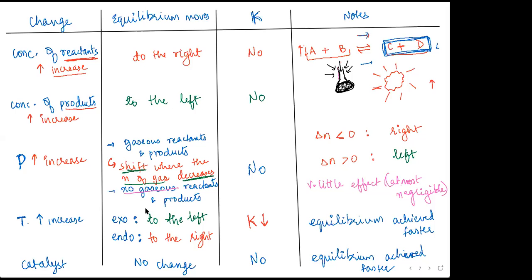Then again, if it's an exothermic or endothermic reaction, you can manipulate the temperature so that the forward reaction can take place. If it's an exothermic reaction, you will ensure that there is a coolant constantly circulating around the reaction vessel, so that the coolant can keep decreasing the temperature.